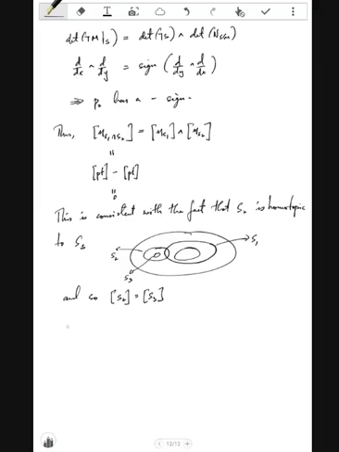Right, so here there's a small exercise which needs to be done. If S1 and S2 are homotopic, so let me rephrase this.